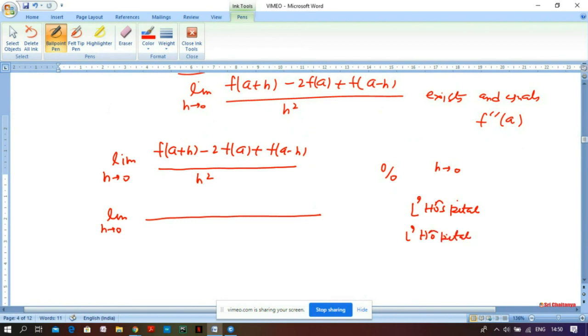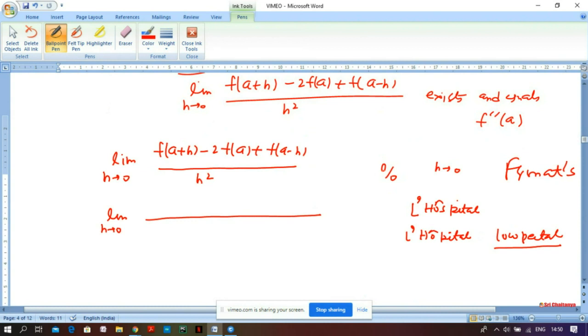It is written like this, but it is pronounced L'Hopital, just like Fermat was written F-E-R-M-A-T, but it was called Fermat's theorem. Fermat was a Frenchman. So here, L'Hopital. So we'll apply L'Hopital rule here, 0 by 0 form.